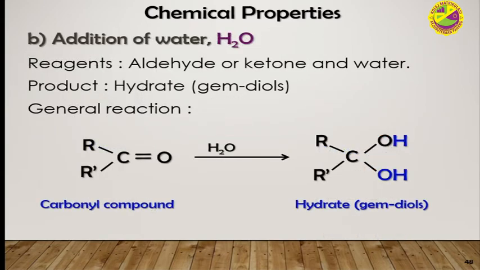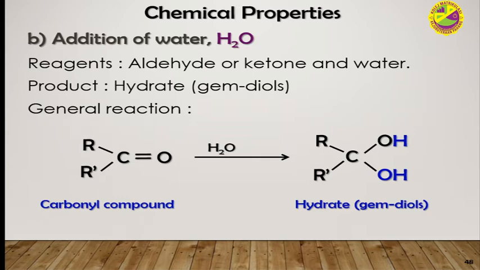The second nucleophilic addition is the addition of water. The reagents are aldehyde or ketone and water. The product will be hydrate or gem diols. The general reaction is as follows. If we have a carbonyl compound undergo reaction with H2O, the carbon double bond oxygen is lost and the carbon will be attached to two OH groups.